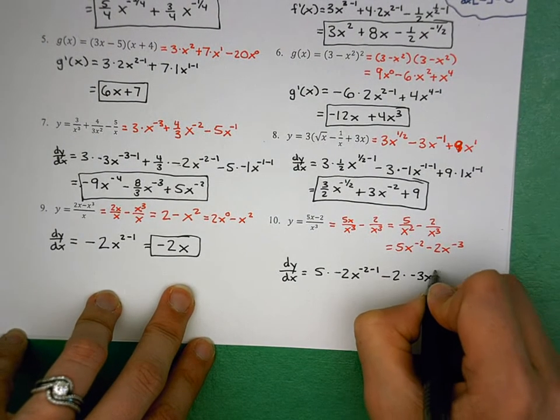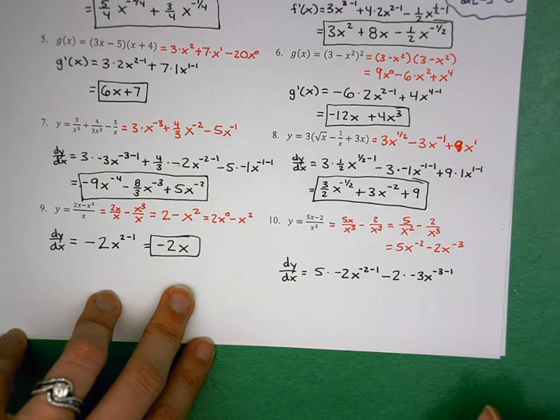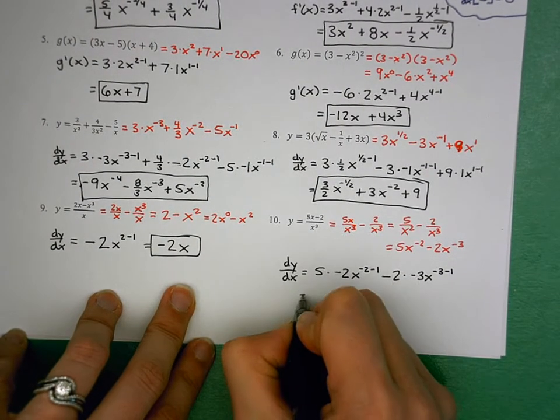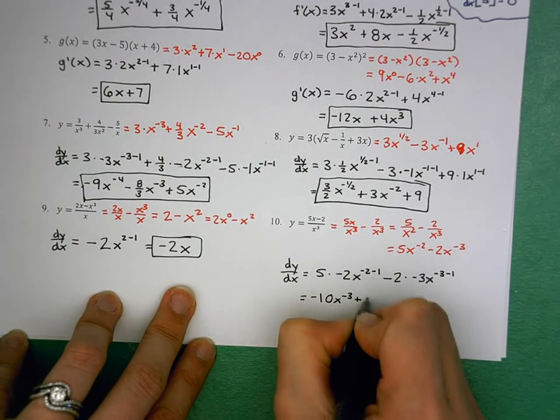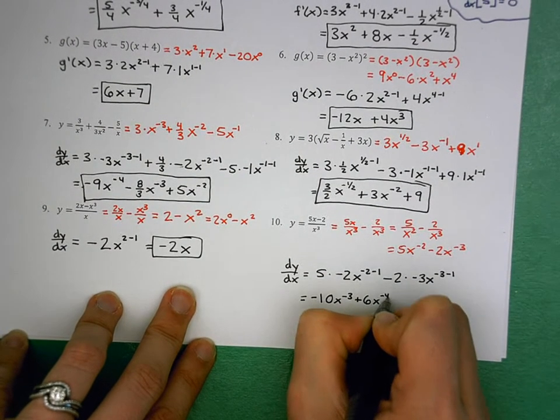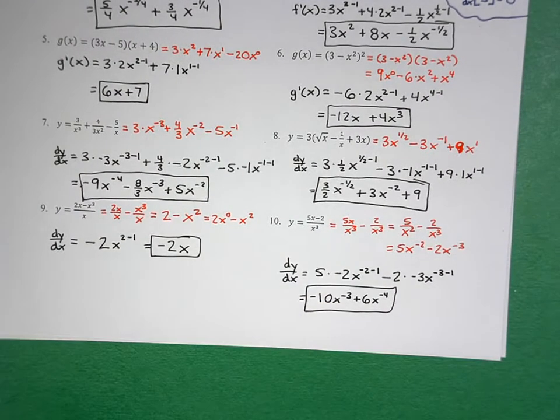My exponent is going to become negative 3 minus 1. Okay. So this is negative 10x to the negative 3, plus 6x to the negative 4. Okay, so that is power rule.